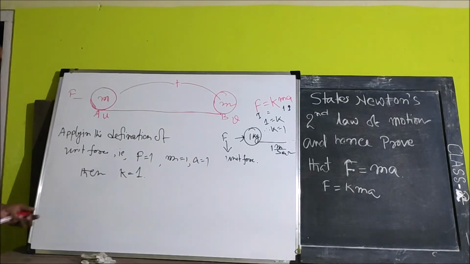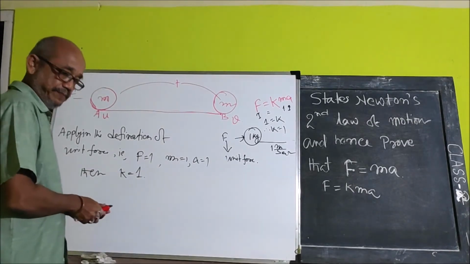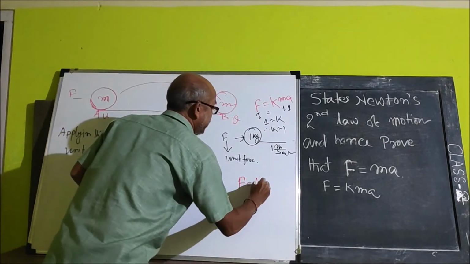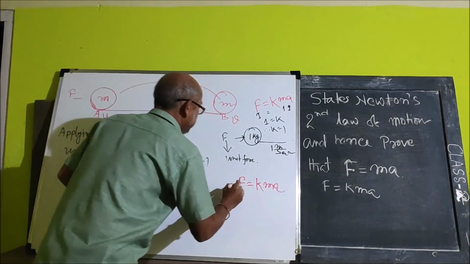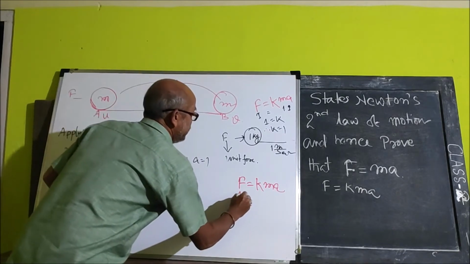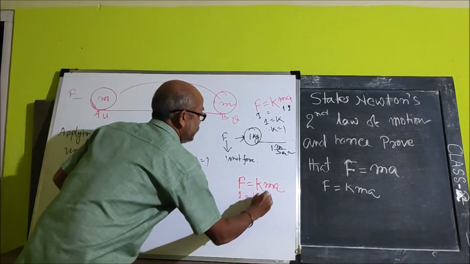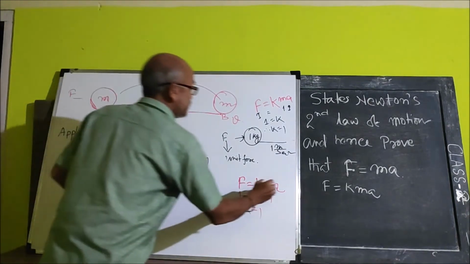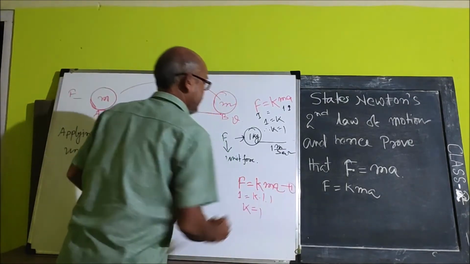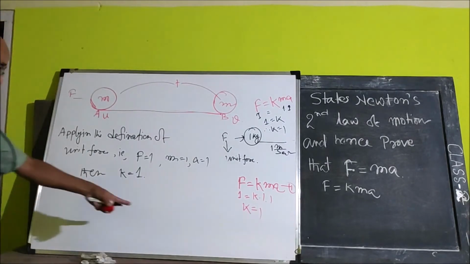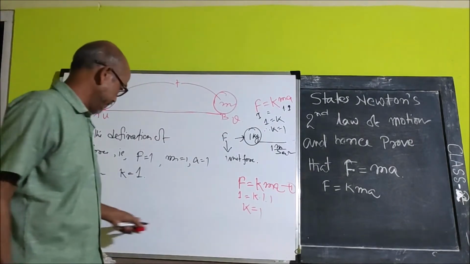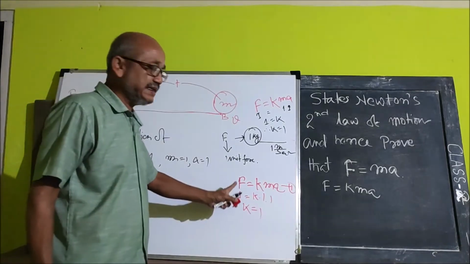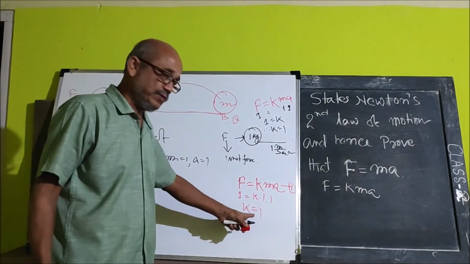Finally, F equal to KMA, if we put 1, 1, 1, then K equal to 1. This is equation number 1. We get K equal to 1.